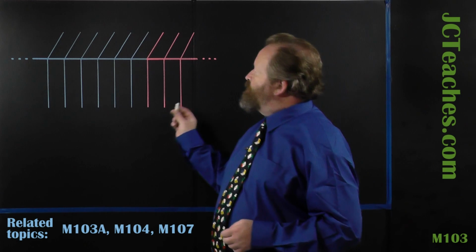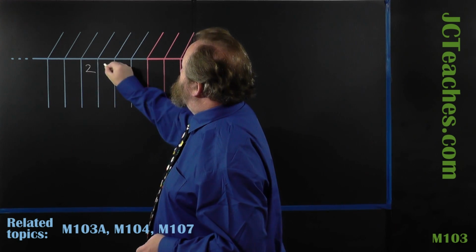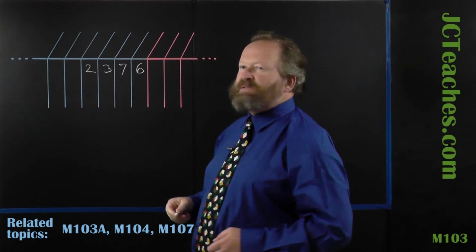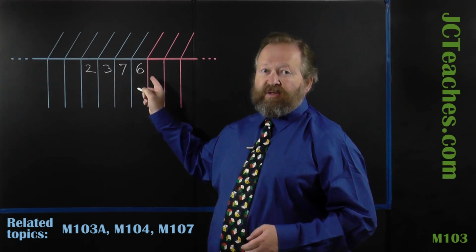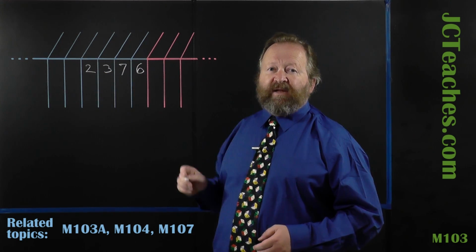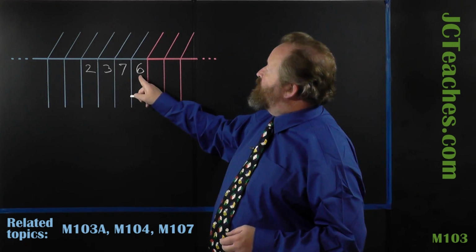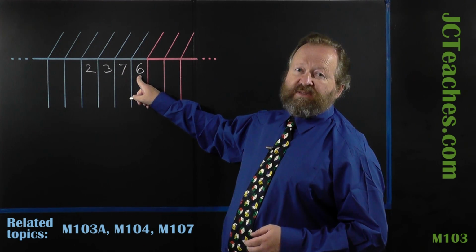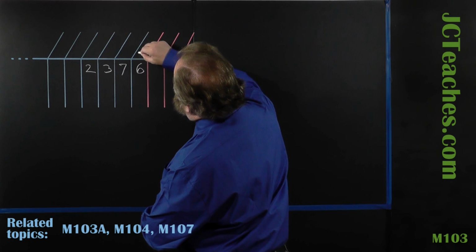If I take a number, let's have any old number, let's have 2, 3, 7, 6. Each of those digits in that numeral has a value depending on where it is in the numeral. The digit to the right-hand end is 6 ones, 6 units. So that is 6 times 1.